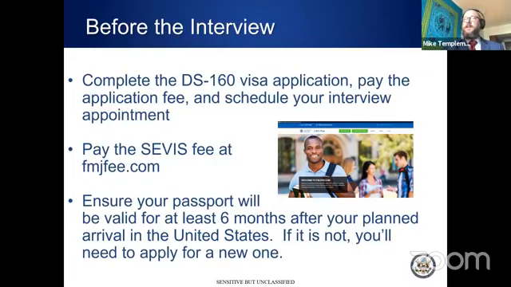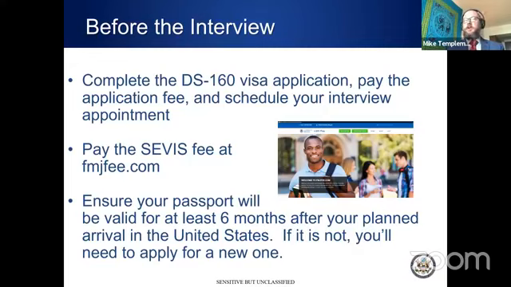That fee is very important to pay ahead of time. Your visa cannot be moved forward unless you've paid your SEVIS fee ahead of time. So you'll go online, you can see it at fmjfee.com, make sure you've paid it, and then you can even print out a receipt from that and bring that with you to the interview as well.